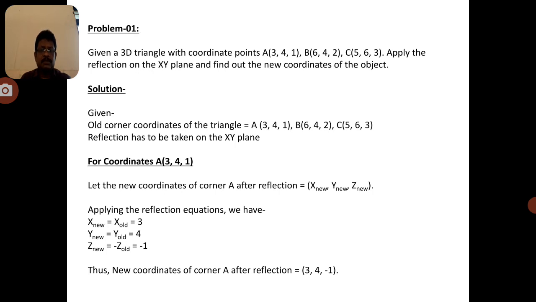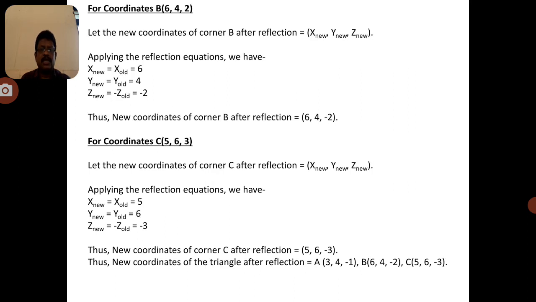With the reflection on the xy plane, the x and y values remain the same, and the z value is taken as negative, that is 3, 4, -1. Similarly for coordinate B of 6, 4, 2, the negative sign is applied to the z value, the remaining are the same, because in the xy reflection the impact goes to z, there is no effect on the xy values. The x new and y new are the x old and y old values. So the new coordinates of B after reflection equal 6, 4, -2.